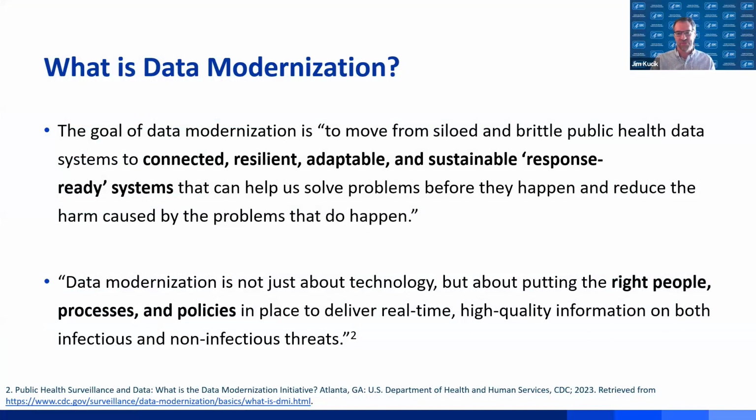Sarah gave you the CDC definition of data modernization, but really at its essence, it's about making sure that the right people, processes, and policies are in place to use public health data for decision making. That's really where we want to focus. And all of you are very much aware of a lot of the challenges that came up during COVID.